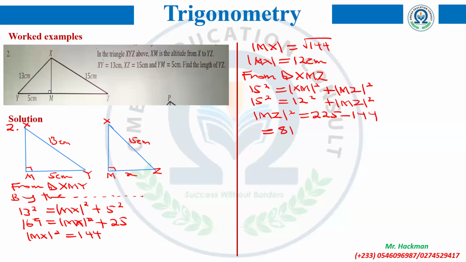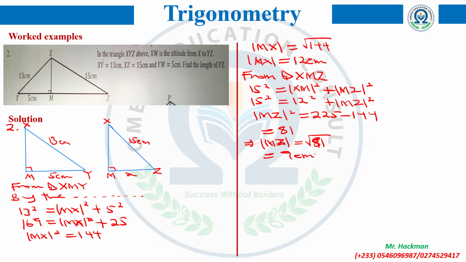But that is MZ squared, so this implies that MZ without the square will be when I take the square root of both sides. MZ is equal to root of 81, which is 9. And don't forget your unit. We know the unit, and that will be cm.